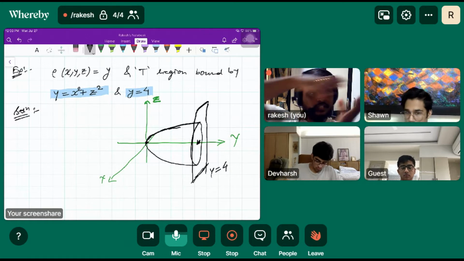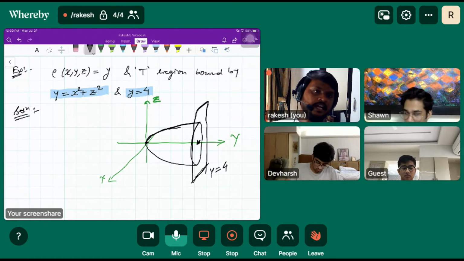So this is the whole T defined in the question, and we have to find the mass of this region because the mass density function is given.